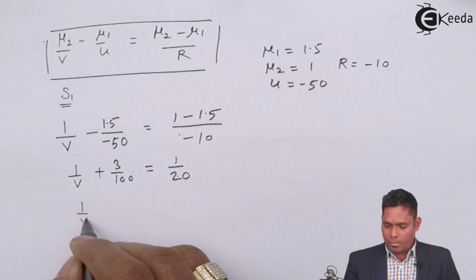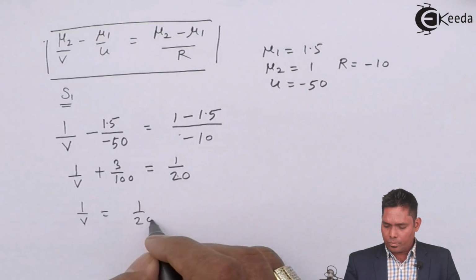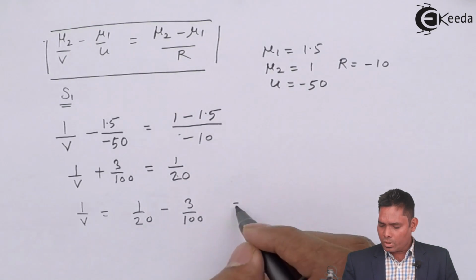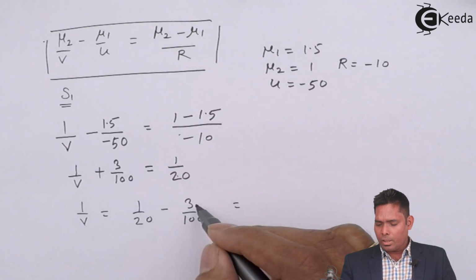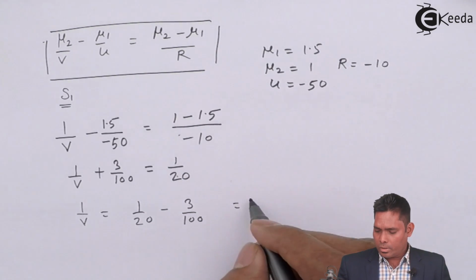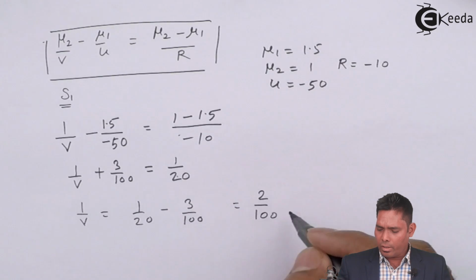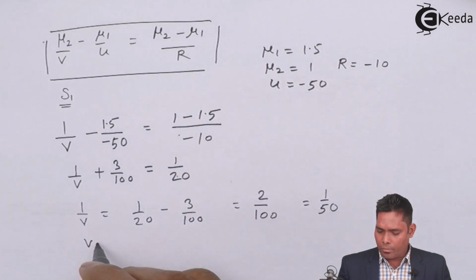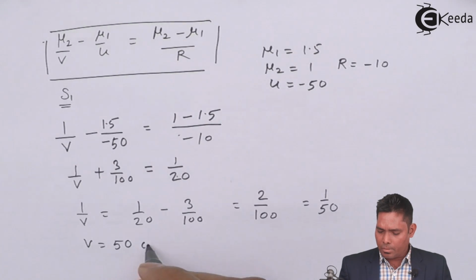So from here 1 by v equals 3 by 100, which is 5 minus 3, that is 2 by 100. So it is 2 by 100, which is 1 by 50. So from here v comes out to be plus 50 centimeter.